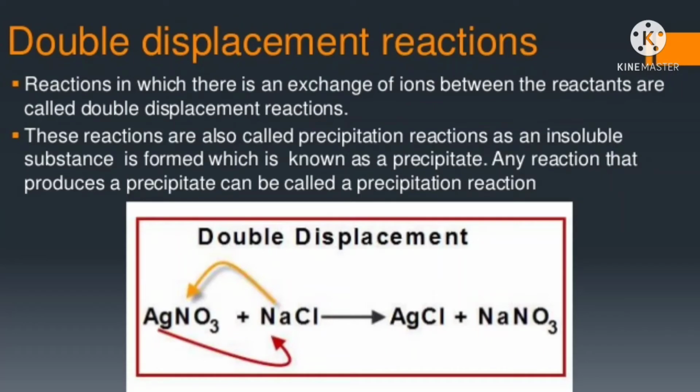Next we are going to discuss double displacement reaction. A reaction in which there is an exchange of ions between the reactants is called a double displacement reaction. Precipitation reaction and neutralization reaction are double displacement reactions. Let us discuss now in detail what a double displacement reaction is.